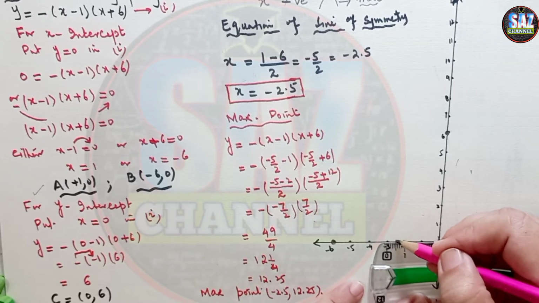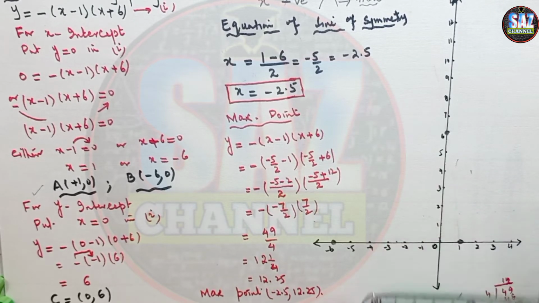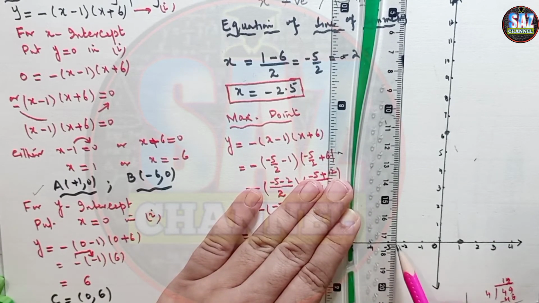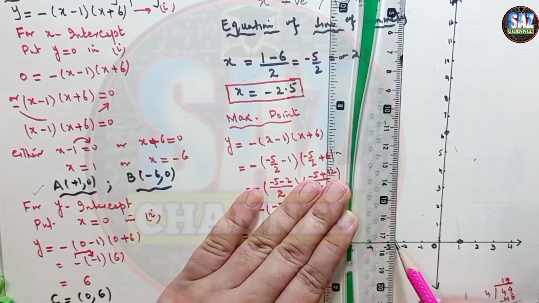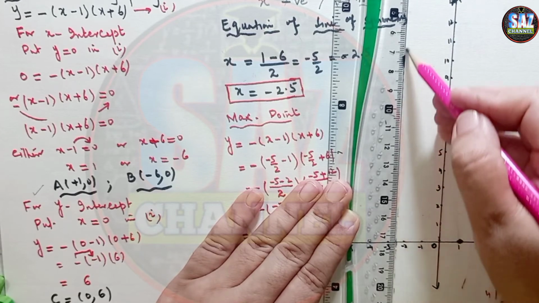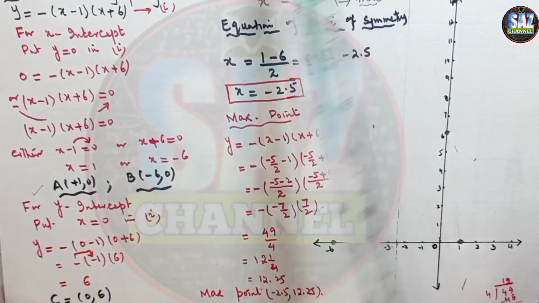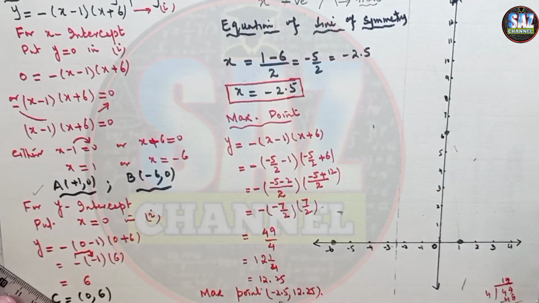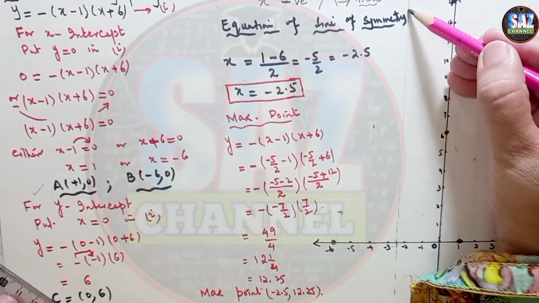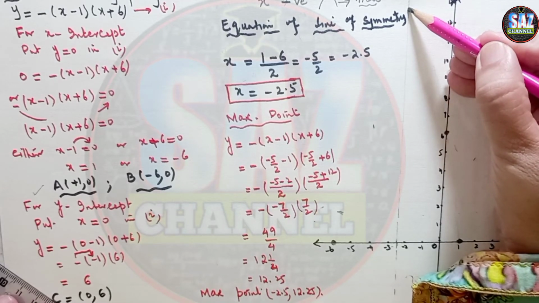This is the sketch, but even then we will try to give the best impact of the graph. Okay, minus 2.5. This is the line of symmetry, and then we have to mark the maximum point, minus 2.5 and 12.25, which will be a little up.